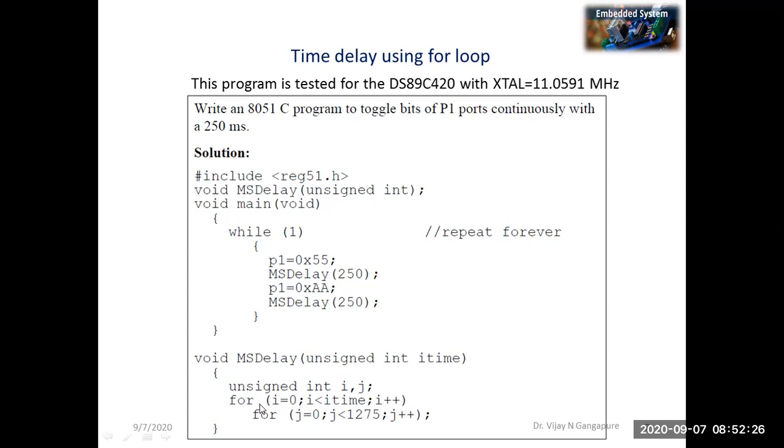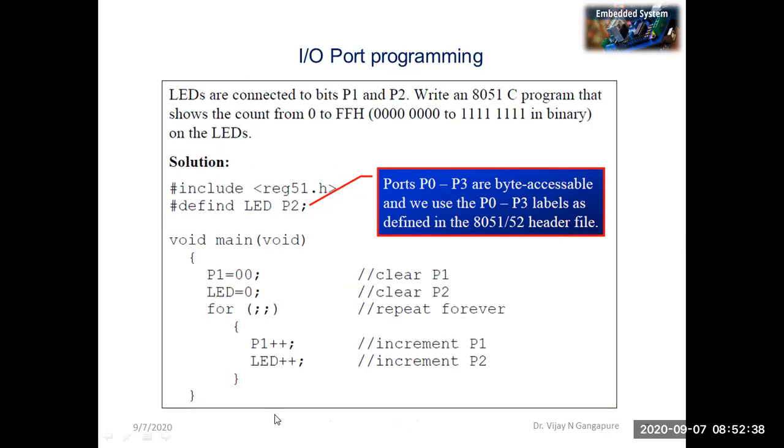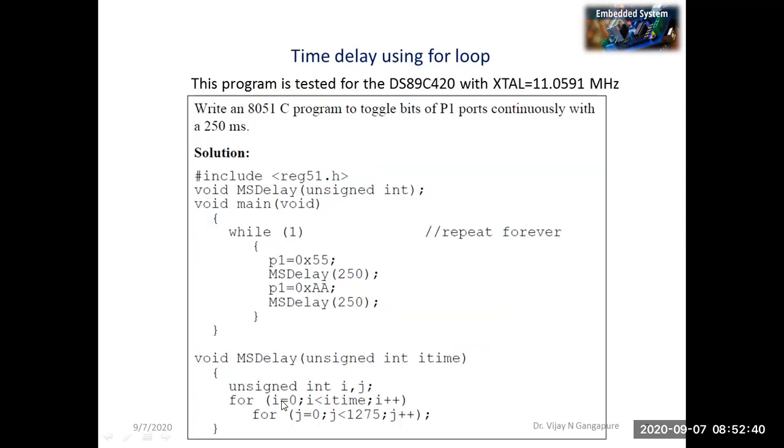In this outer for loop there is a nested for loop, meaning inside this for loop there is another for loop: for j equal to 0, j less than 1275, j plus plus. So how many times will this inner loop be repeated?